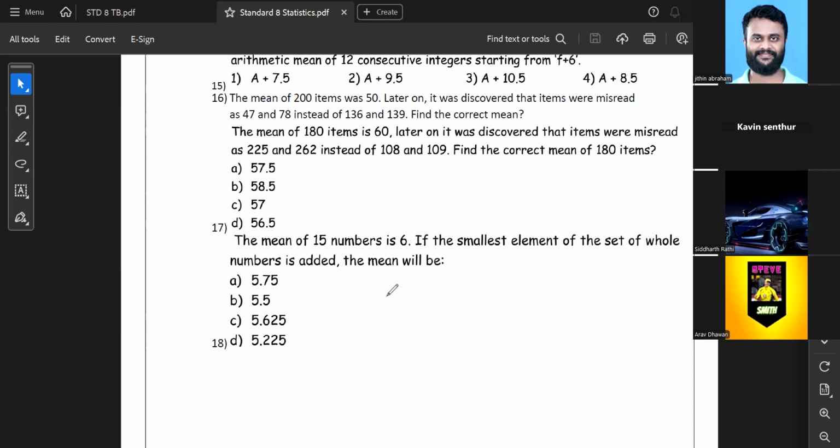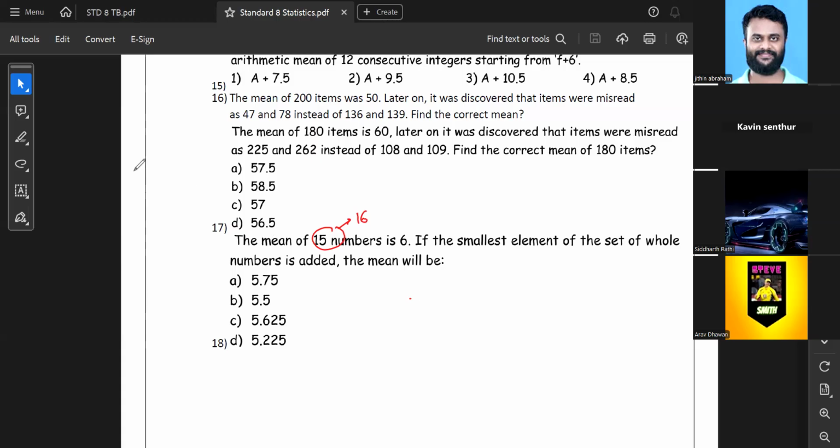Yeah, set of whole numbers. Correct. So if you're adding that, the sum is not going to change. But the number of numbers will change. This will become 16 because 0 is also a number.